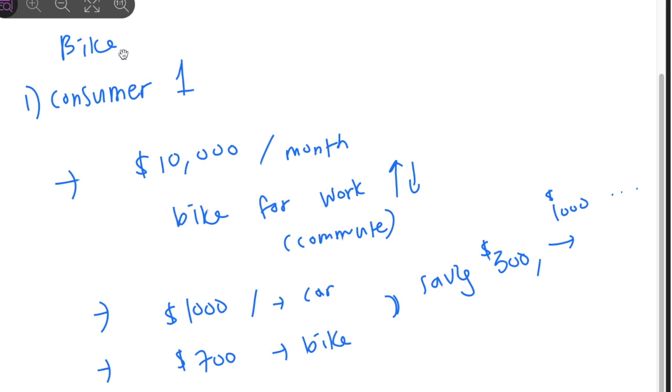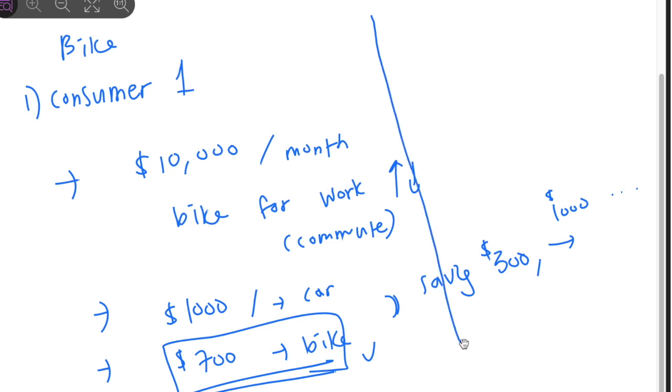So if the manufacturer knows all about this information, the bike seller can make a bike and offer him this $700 worth bike, and you should get it because you have this car and you want to get rid of it and you can save this money, right? Then there is no reason for this consumer not to buy it because he needs it and it's a reasonable price.